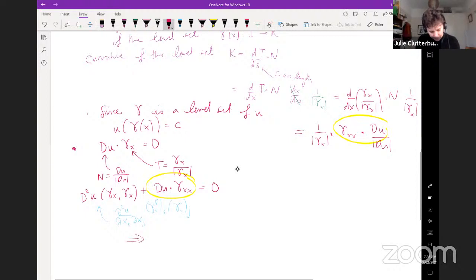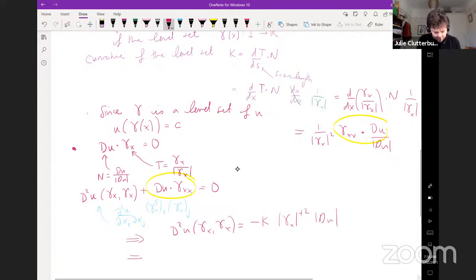So this gives us that d2u is equal to minus kappa, and there's a du there.